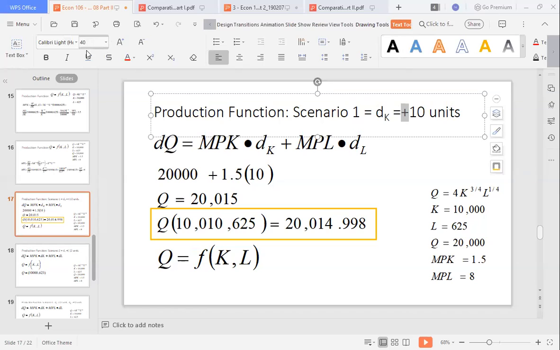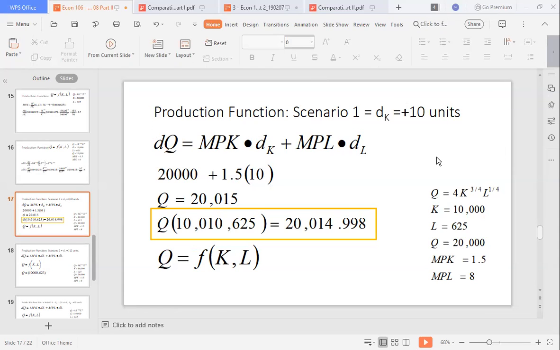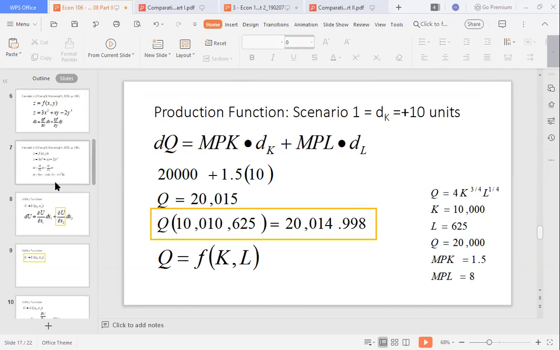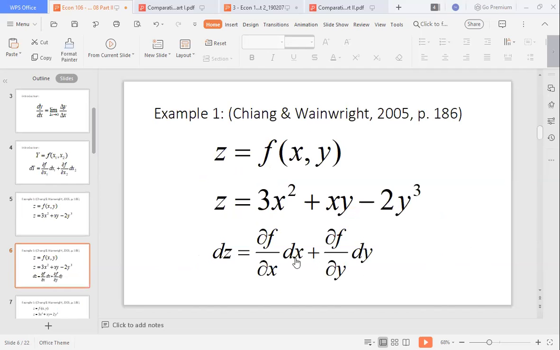So again, it's positive 10 there, indicating that we will be adding 10 units to the production. And so how will we try to estimate Q there? Okay, so on this here, class, this would appear to be familiar to you because this is part of the formula for total differentiation. So remember, class, in our first introduction, total differentiation is just the total differential.